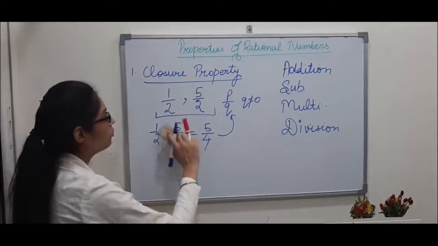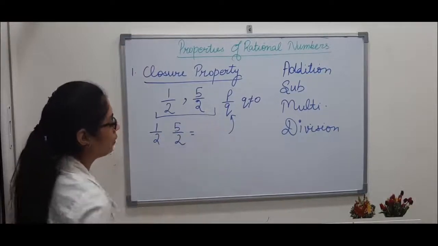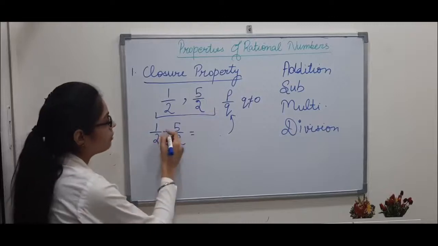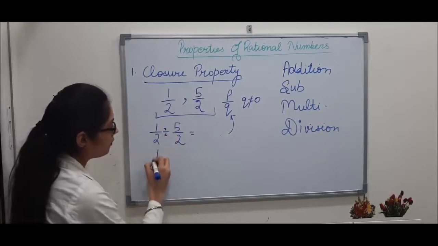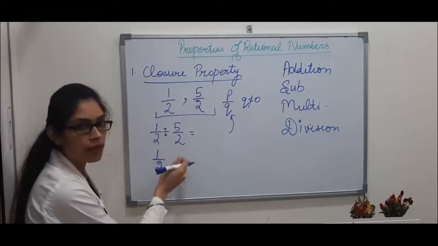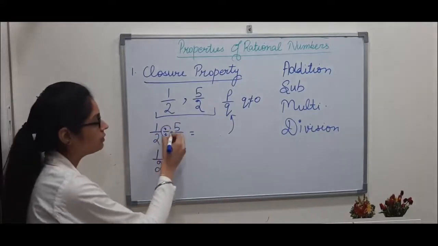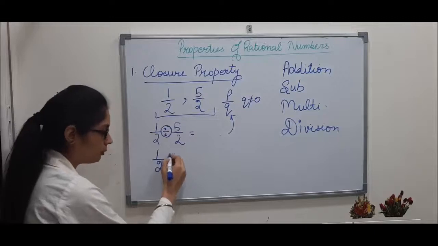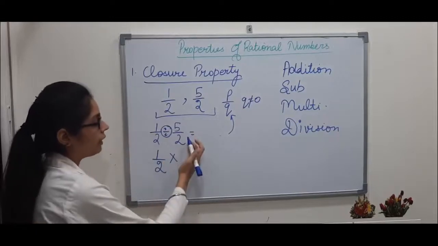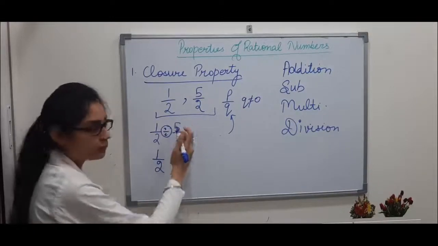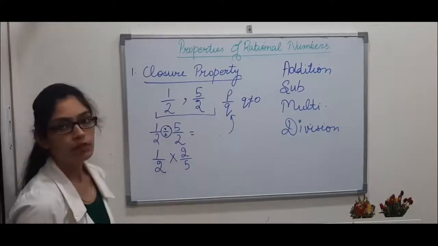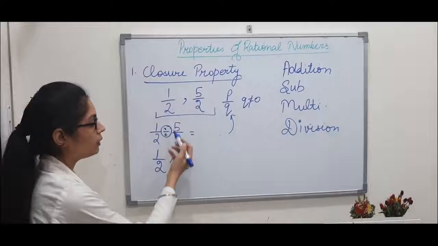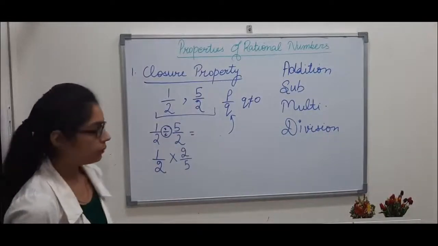I will do with the same two numbers, only the sign will be changed with division. Now whenever I am doing division of rational numbers, I just change this division sign into multiplication and write the reciprocal of this number. Reciprocal means denominator will be changed into numerator and numerator will be changed into denominator.